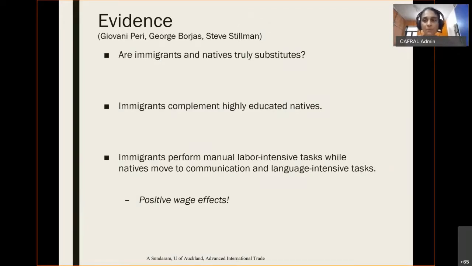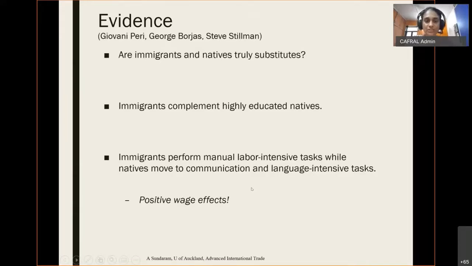They end up complementing each other, and you see positive wage effects for both types of workers because they complement and do not substitute each other. There's a very big literature on this, but I urge you to look at George Borjas and Giovanni Peri if you're interested in immigration issues.